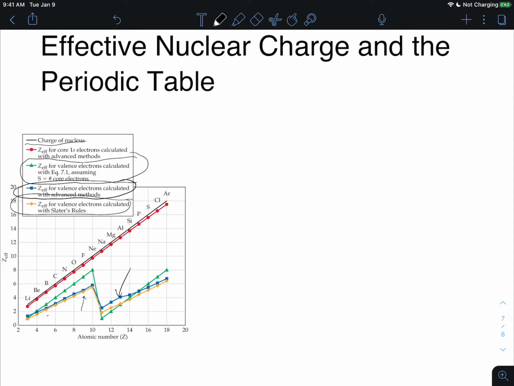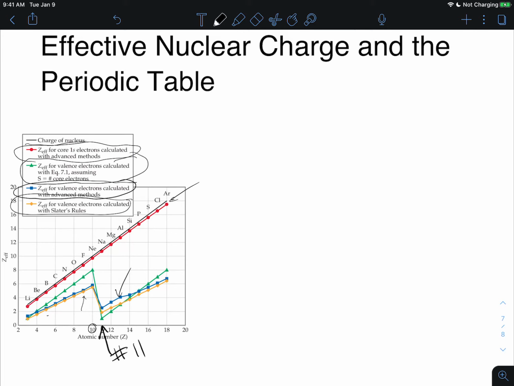And then we can also use advanced methods, here in red, to determine our core electrons' effective nuclear charge, but we're not going to look at those. We're going to stick with our Slater's rules, and we can see there's this funky dip between 10 and 11. This is element number 11, when we go from neon to sodium. So what happens when we go from neon to sodium?